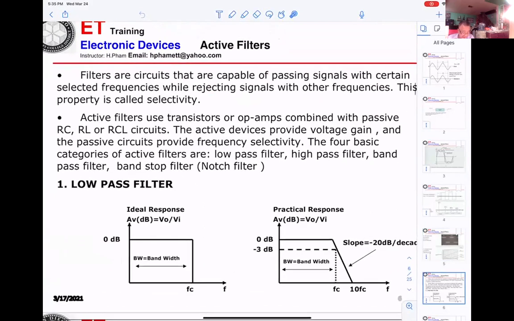This property we call selectivity. Basically, a filter just allows certain frequencies to pass and blocks the others. That's why, when the cable comes into your house and goes into the TV, the signal transmitted on the cable has two different types.